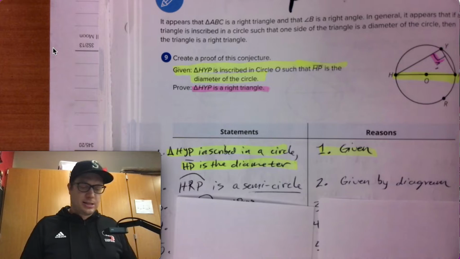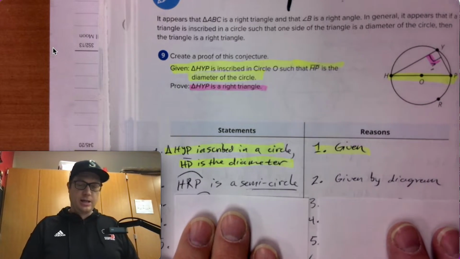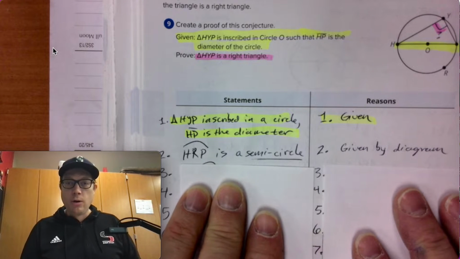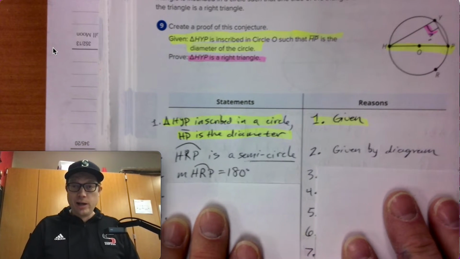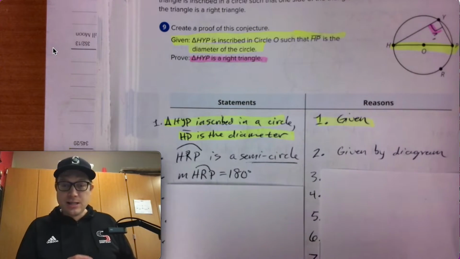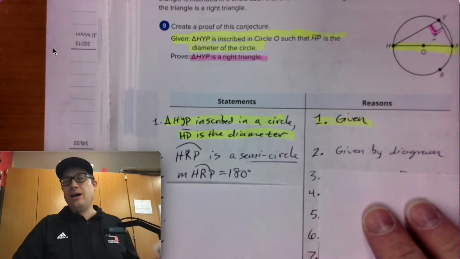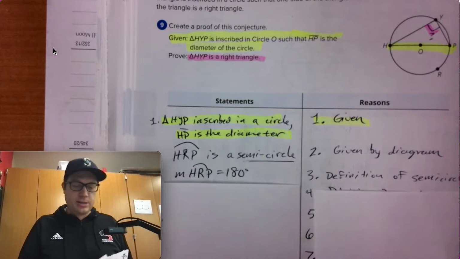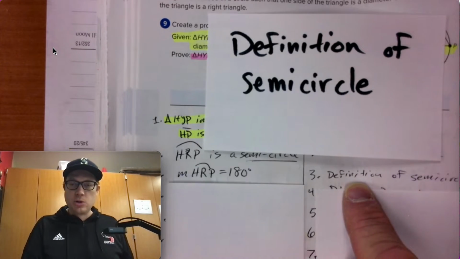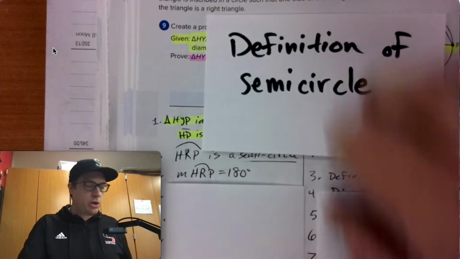Now, this next reason relies on our ability to argue what's going on with our picture. If HRP is a semicircle, then that tells us that the semicircle is equal to 180 degrees. Definition of a semicircle. So definition of semicircle is the third reason. This is the statement that goes with it.